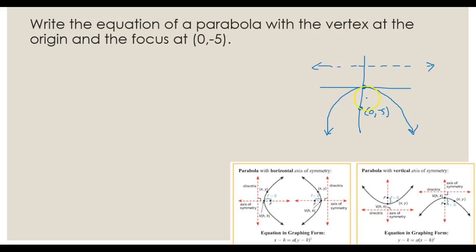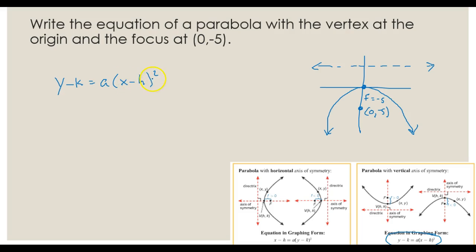So in that case, the focal length would be, we'll say, -5. And we need to use the formula that goes with a parabola that looks like that, and there it is down there in the notes. y minus k equals a times (x minus h) squared.